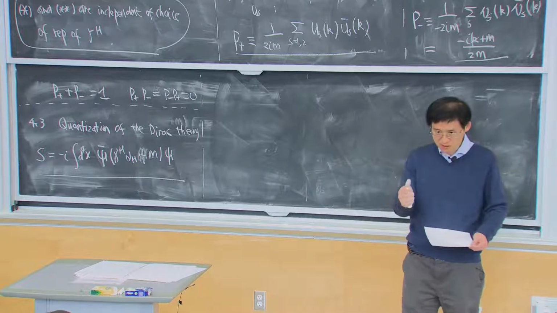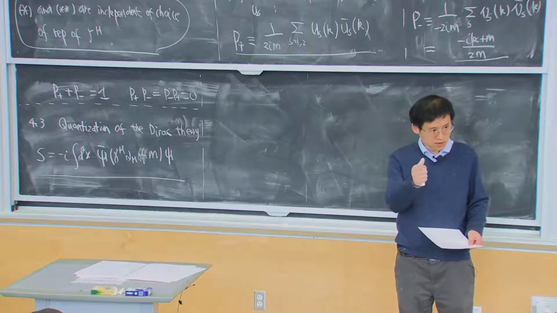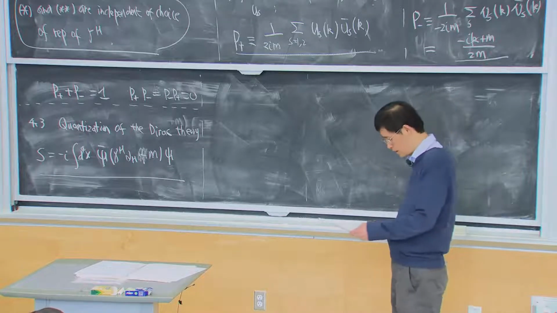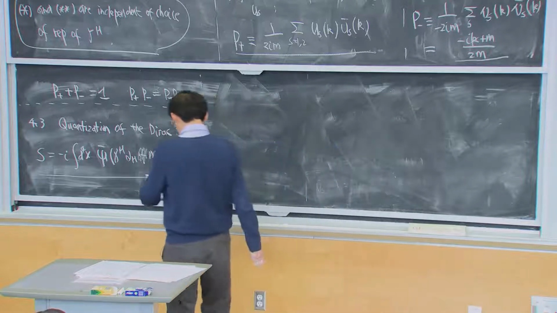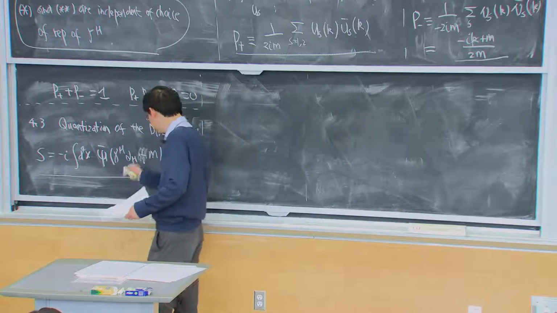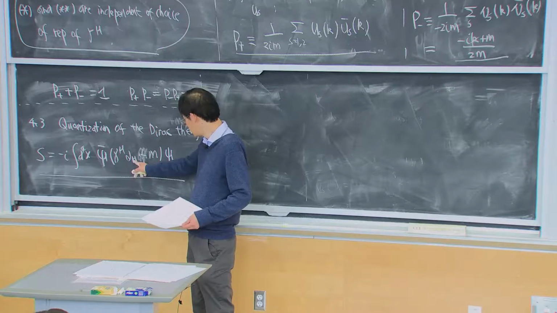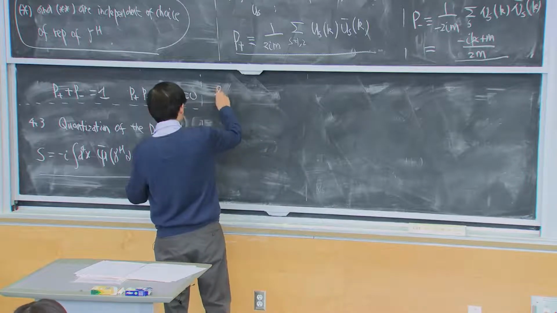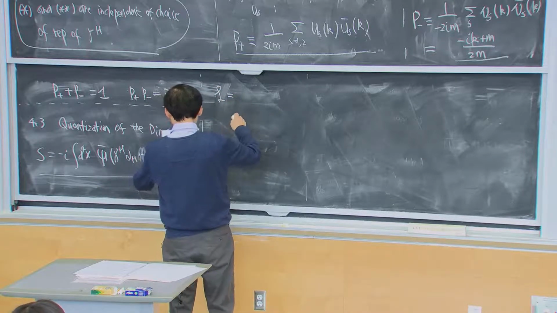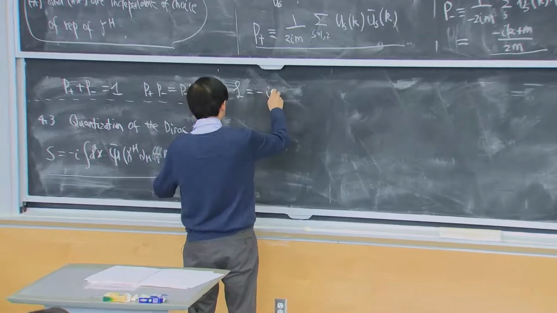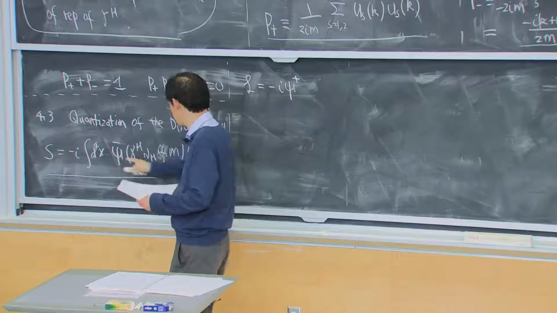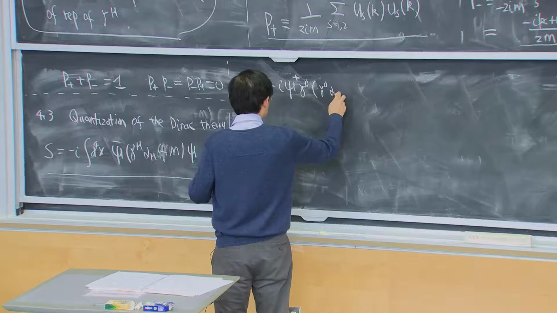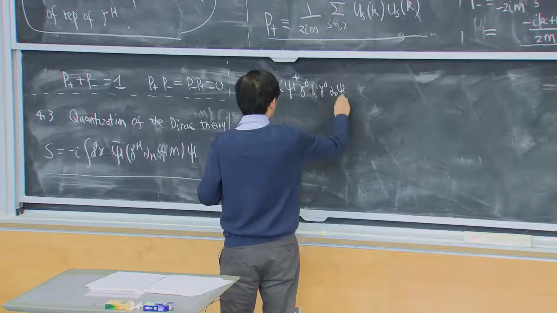As in the complex scalar case, we can treat psi and psi dagger as independent variables. Then for the canonical momentum for psi, if you look at the Lagrangian density, it has the form psi dagger gamma 0 gamma 0 partial 0 psi, plus the rest of the terms.